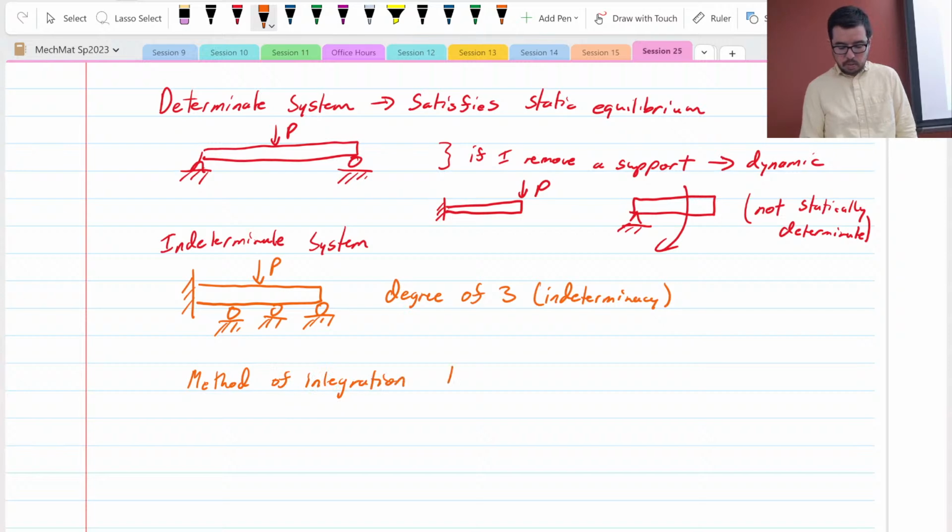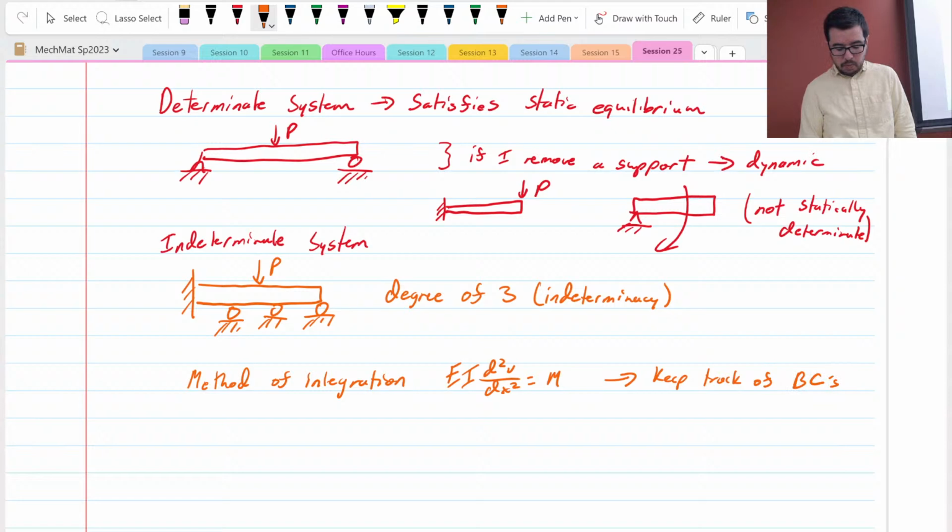So if we're doing the method of integration, which is EI whatever, that kind of stuff, then we just constantly keep track of boundary conditions.